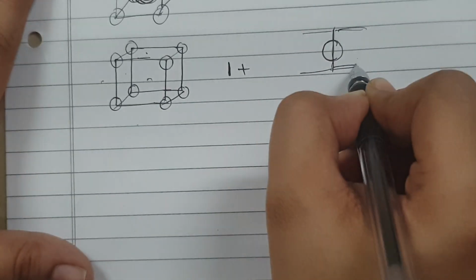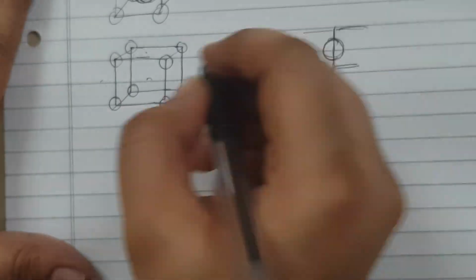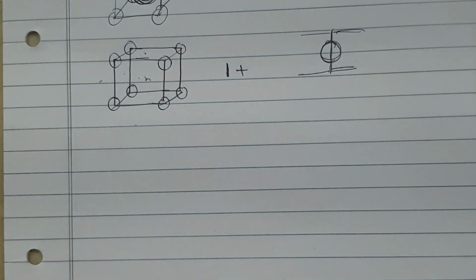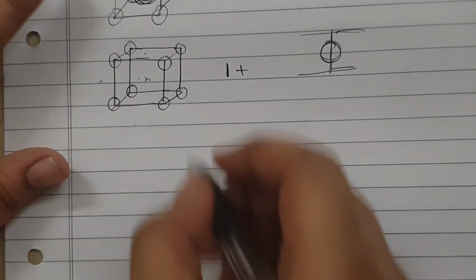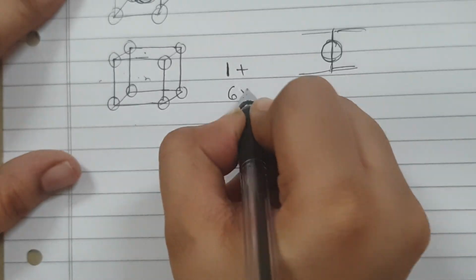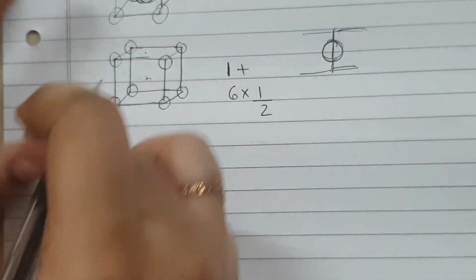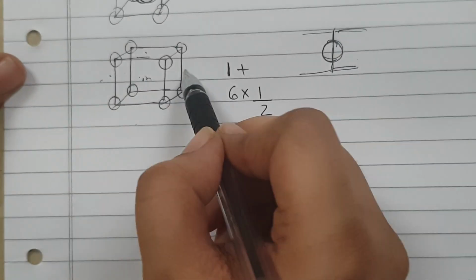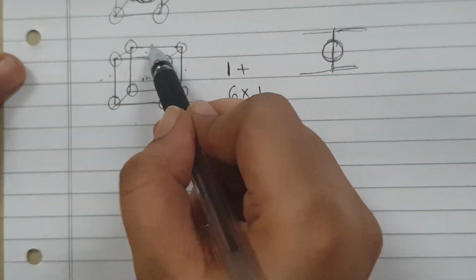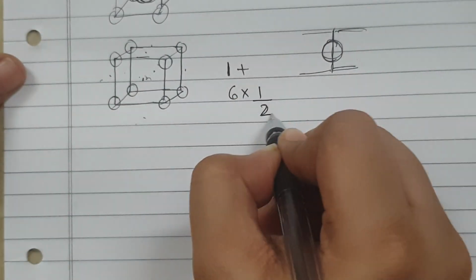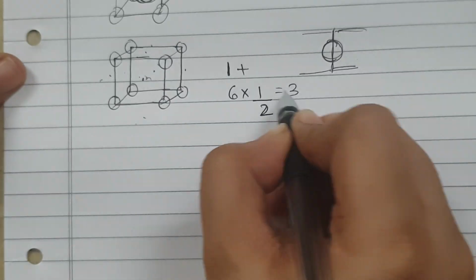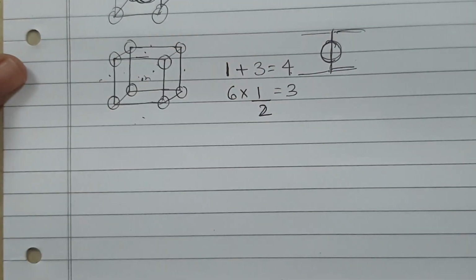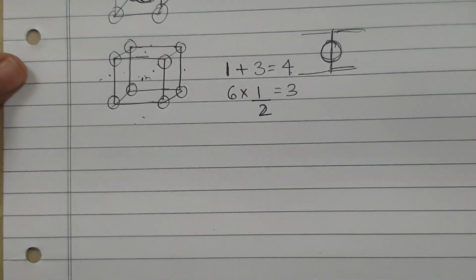It is divided into exactly 2 parts. मतलब एक unit cell में, there is only half of an atom present. And ऐसे कितने parts हैं? 6, right? Because 6 faces, एक face में half atom आ रहा है. So that's 1 2 3 4, behind वाला and up and down, 6. So 6 × half, that is 3. Correct. So 1 + 3, that is 4 atoms are present in your face centered unit cell.